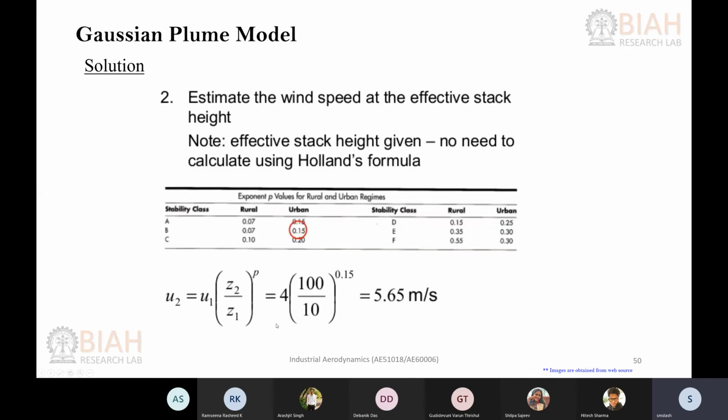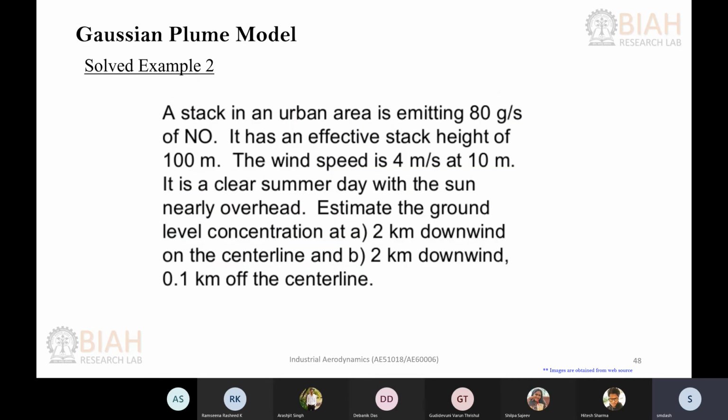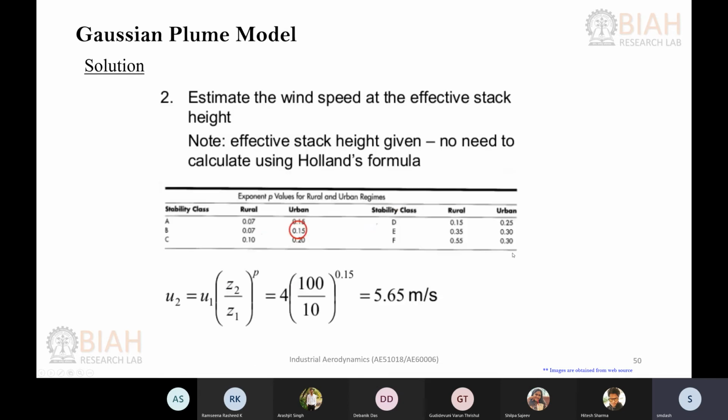Now the next thing is, there is another piece of information that is not known. What is the wind speed at the stack height? Here the stack height is 100 meter, right? But the wind speed is only known at 10 meter height. So we need to find out the wind speed at 100 meter. How do we do that? Using the power law model, which I have just discussed. In this case, you need to find out the suitable index.